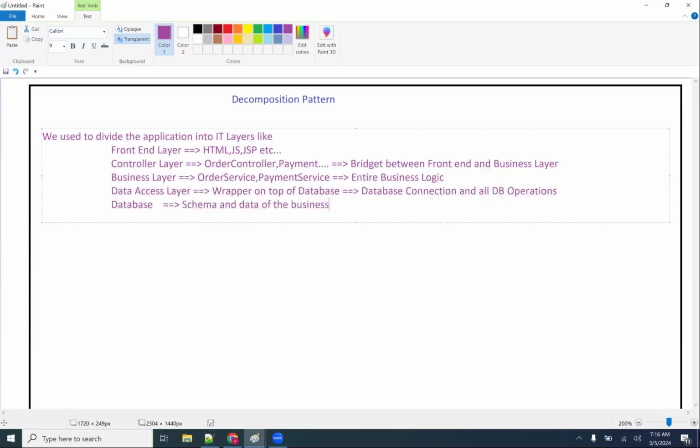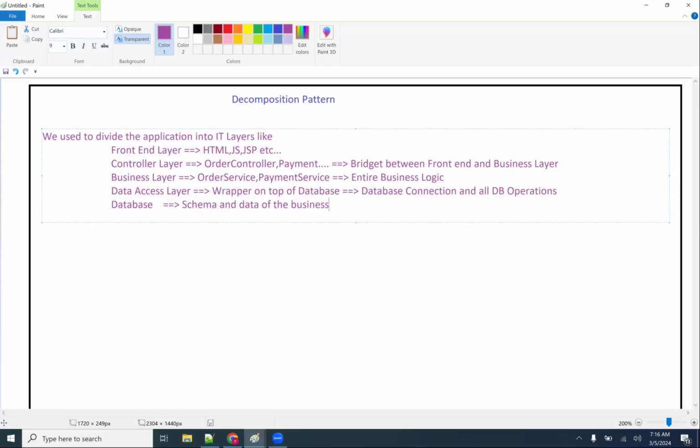And also, if there is a change in the business layer, there is no impact on the front end. If it is a data change, you need to change everywhere. But typically on the business logic side, if you want to change something on the front end side, there is no impact on the business layer. So this is a loosely coupled architecture.